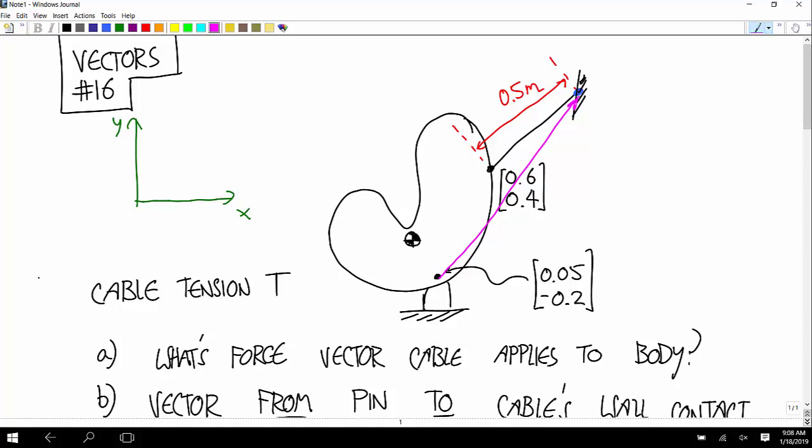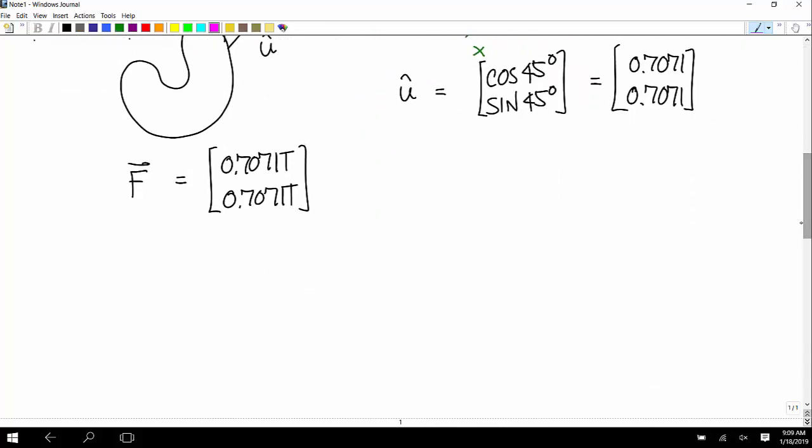So if we come up with coordinates for the wall contact point, we can just subtract these coordinates minus these coordinates. So for part B, let's get the coordinates of that wall contact.